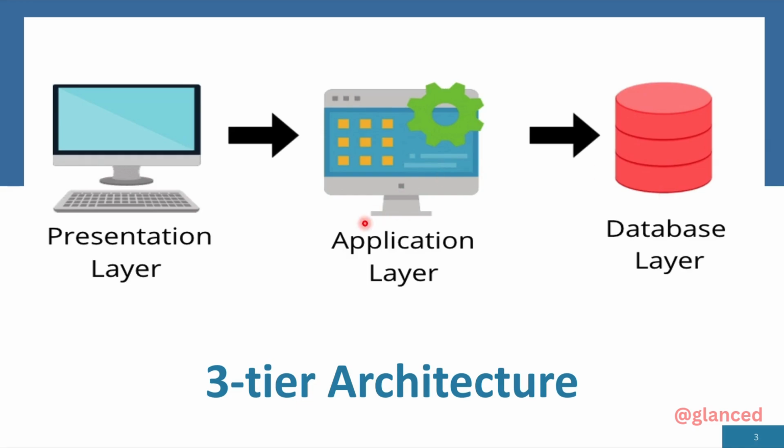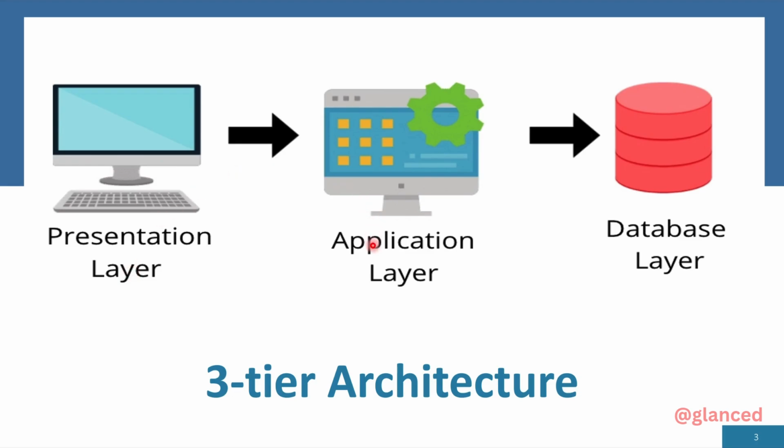So just relate that example to this architecture. When you open that particular app, whatever the things you are seeing on your mobile, that is nothing but the user interface. So that layer we call as presentation layer.